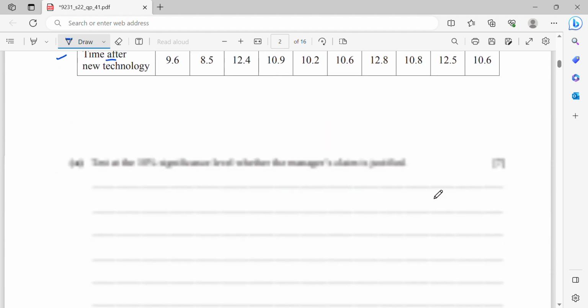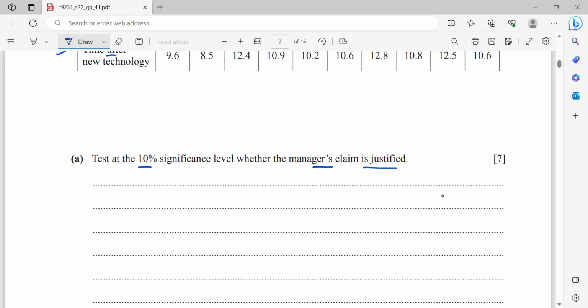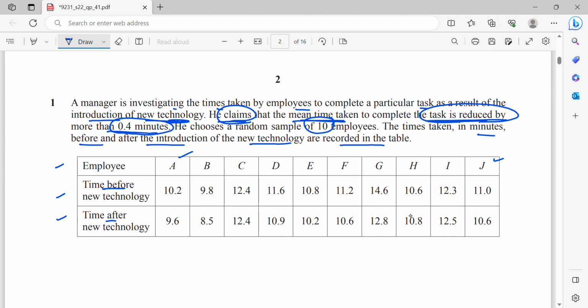Alright, so now your H naught, the mu D, or I need to define what is my D first. Now, by looking at the claim here, it's mentioned that the time will reduce by 0.4 minutes, means I will expect the time before the new technology will be greater than the time after the new technology.